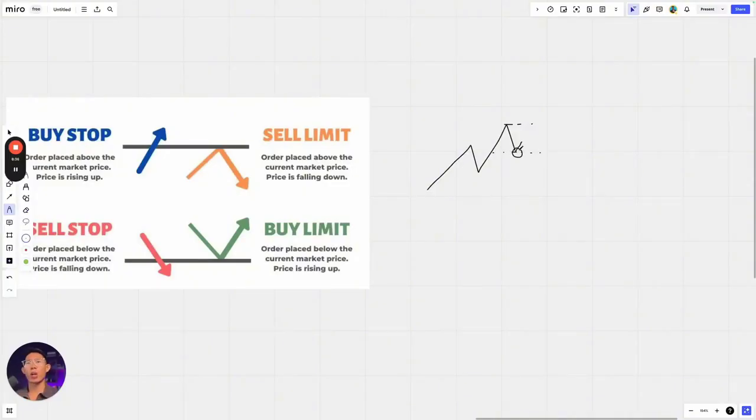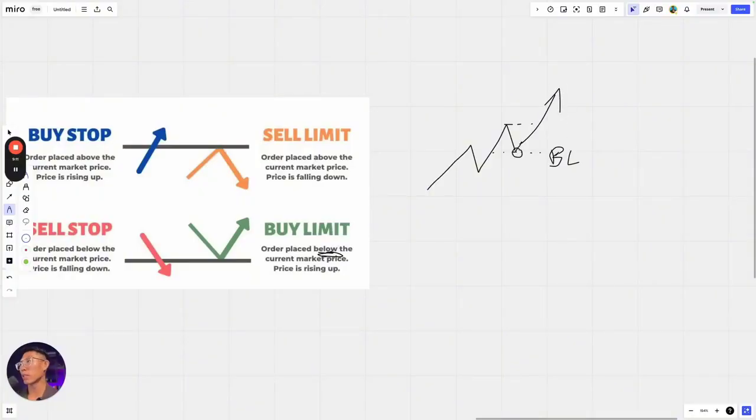In that case, you can't use a buy stop, because a buy stop is an order placed above where the market currently is. But now you want to enter below where the market currently is. So you won't use a buy stop, you will use a buy limit. It's basically an order placed below the current market price. So you place a buy limit right here. Price will come back down here, and your broker will get you into a buy position at this low point, and just continue to watch your profits skyrocket.